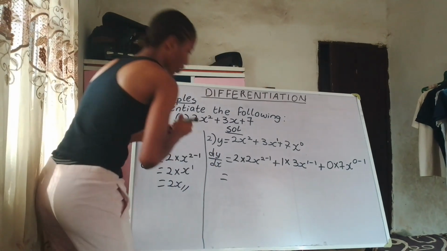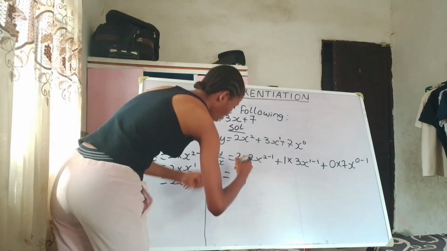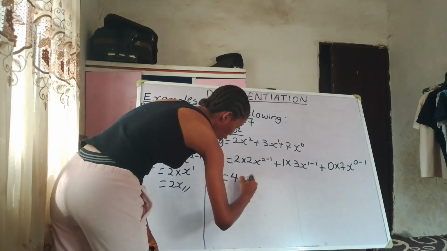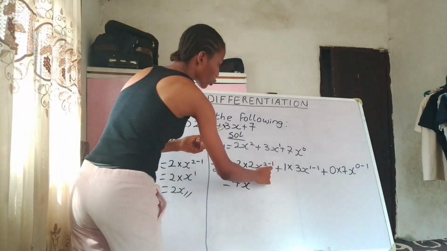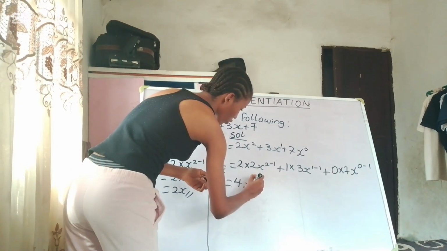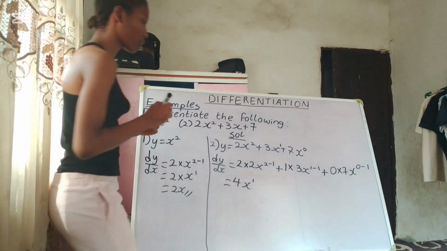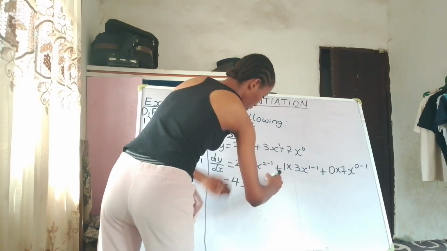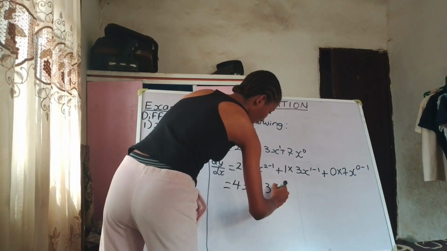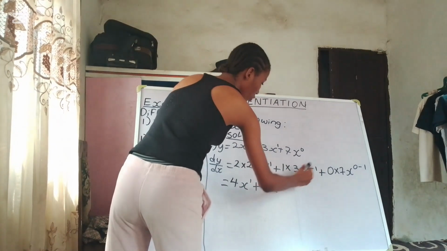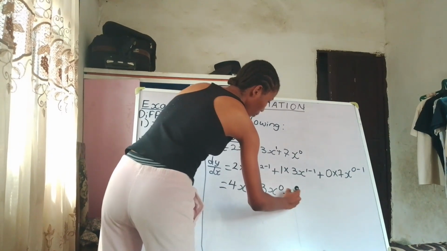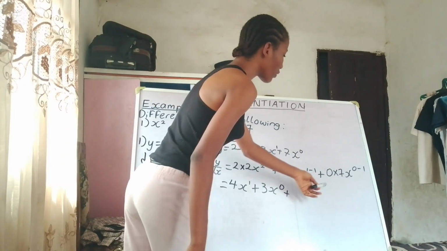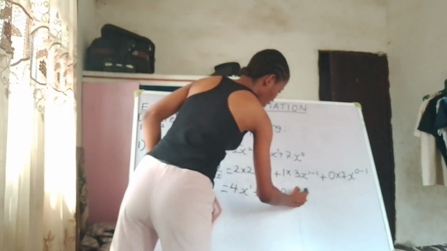Here we have 2 times 2, that will give us 4x to the power of 2 minus 1. 2 minus 1 is 1. Plus, here we have 1 times 3, same 3, 3x to the power of 1 minus 1, 0. Plus 0 times 7. 0 times 7 is going to be 0.